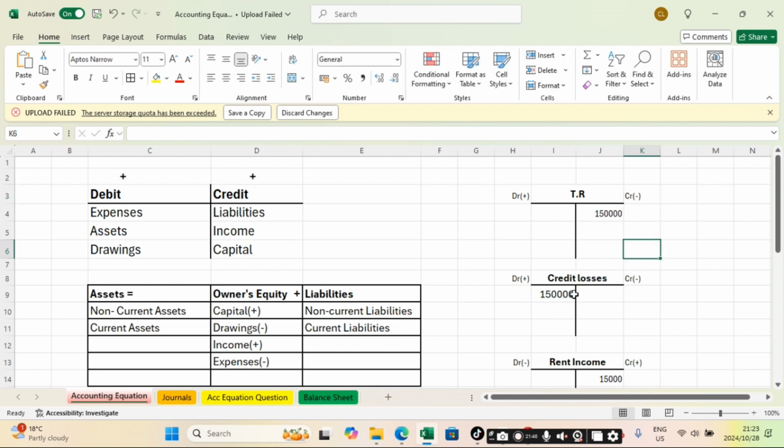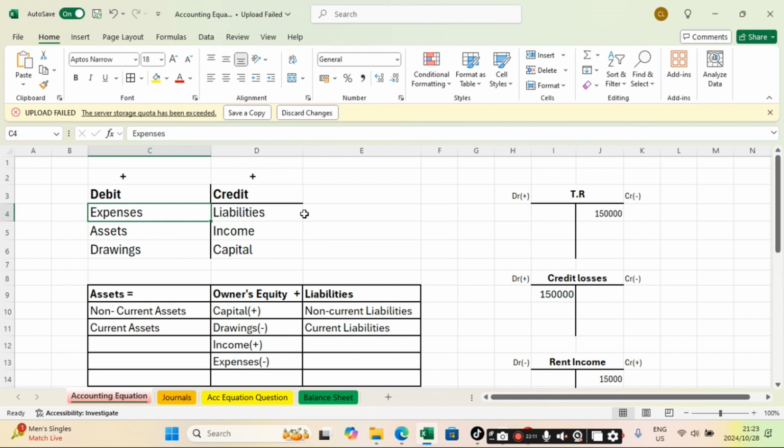Okay. Our credit loss. What is our credit loss? Where is it on our ledger? Is it an expense, asset, drawings, capital, income, liability? Credit loss forms part of our expenses.